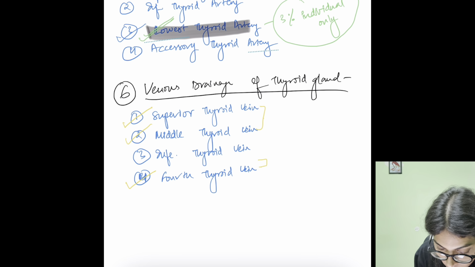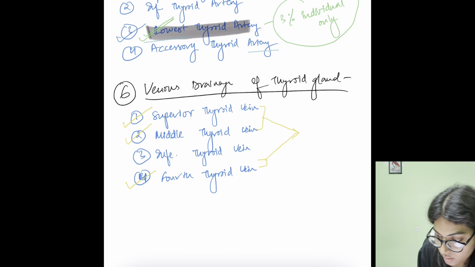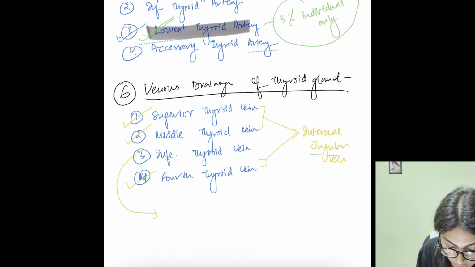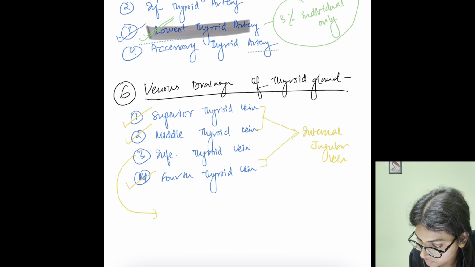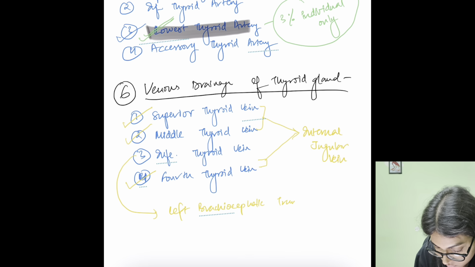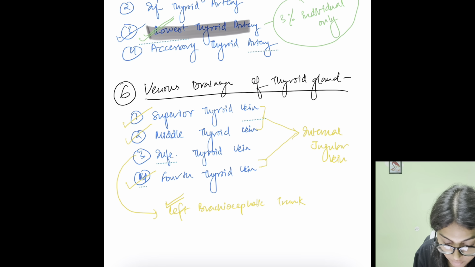these drain into the internal jugular vein, and this third drains into the left brachiocephalic trunk.